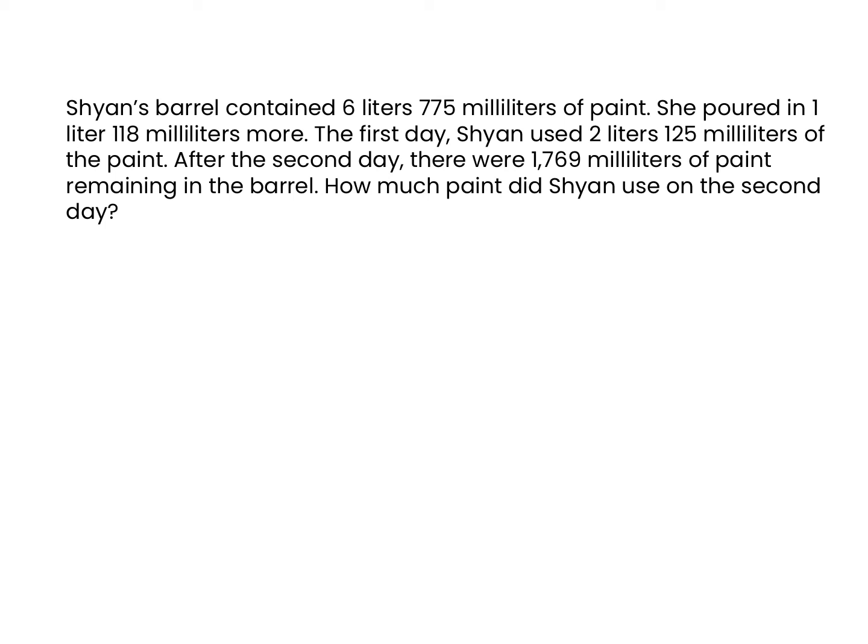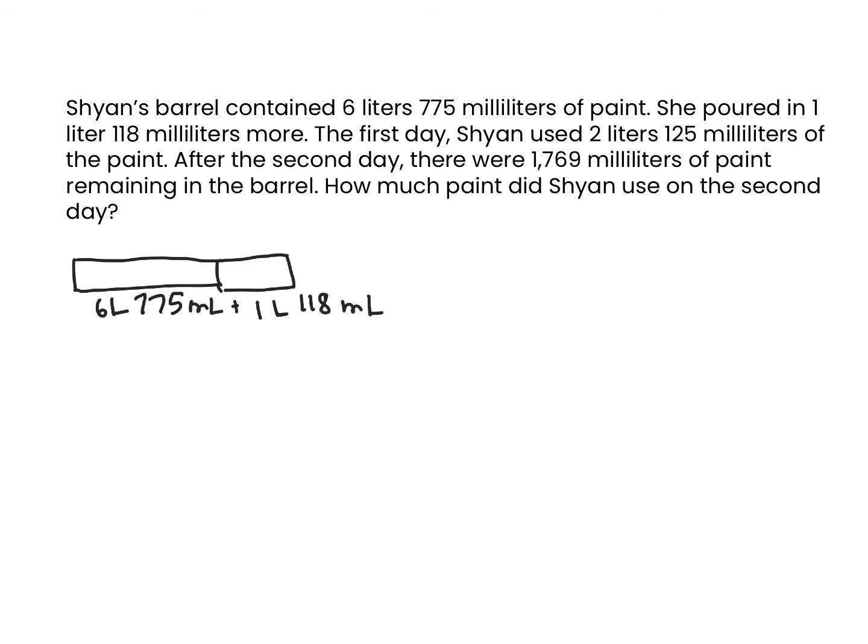We have a few steps here. So let's draw our tape diagram and see what we've got. So the first day, we've got 6 liters, 775 milliliters, and then she poured in 1 liter, and we're going to add those because she poured it in, so she's adding more milliliters.